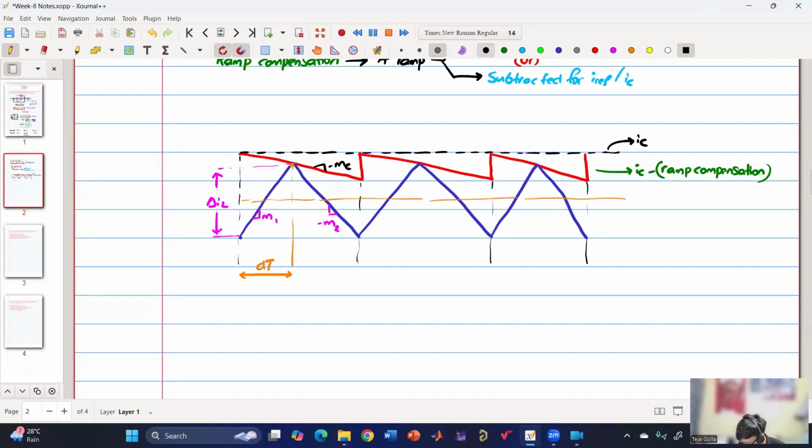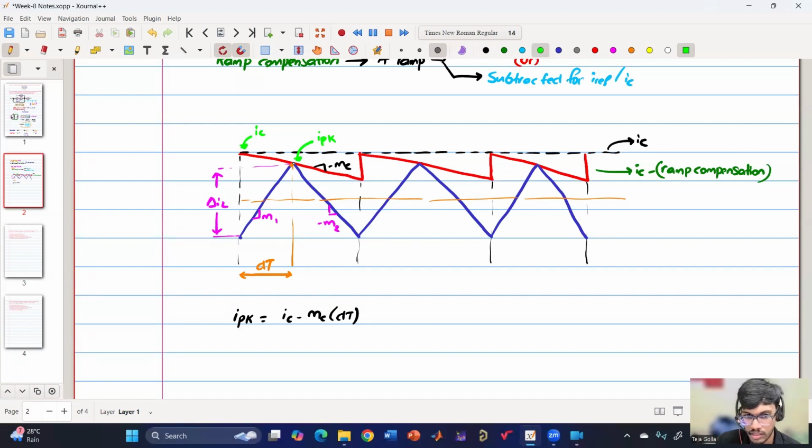Now I can calculate the inductor peak, I peak, which is nothing but IC minus MC into dt, because IC is this. The ramp is falling with a slope of MC for a time of dt. So my I peak is IC minus MC into dt. Is this clear?